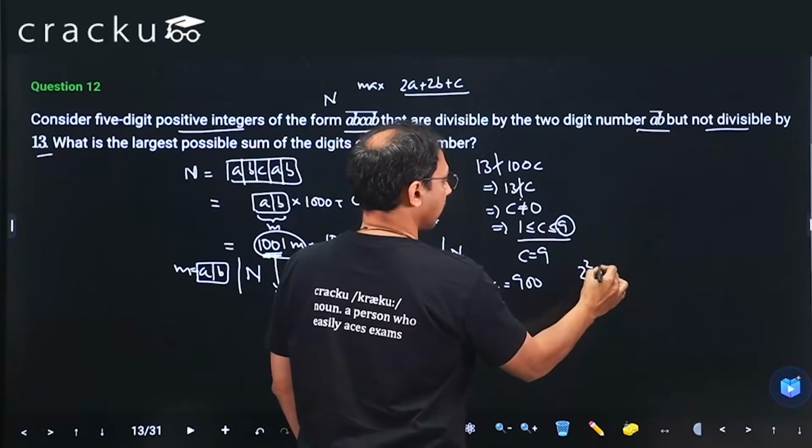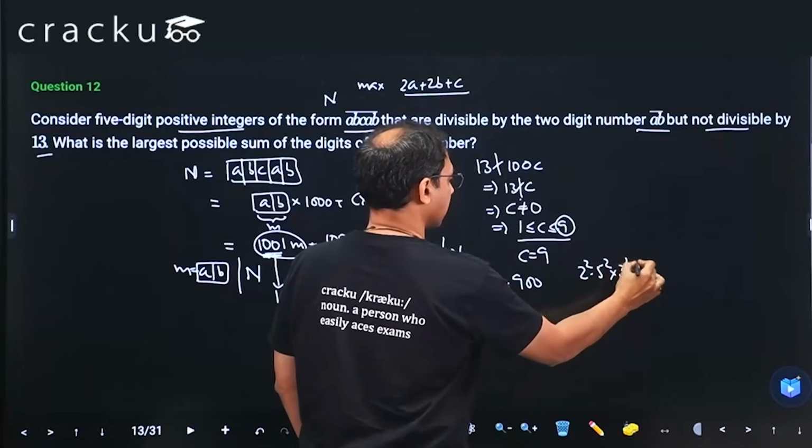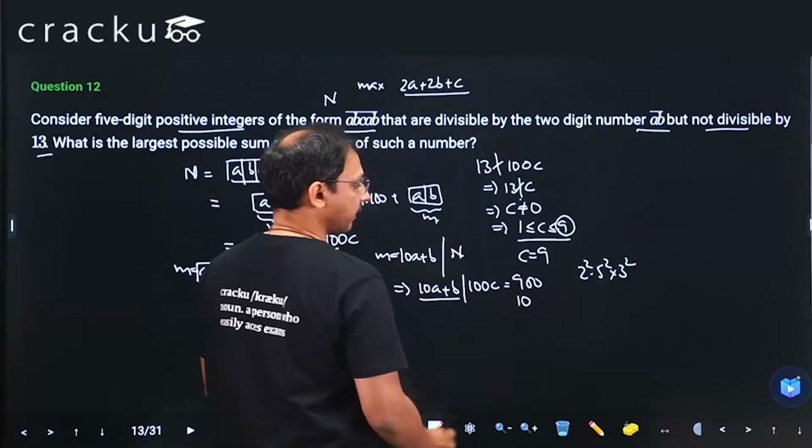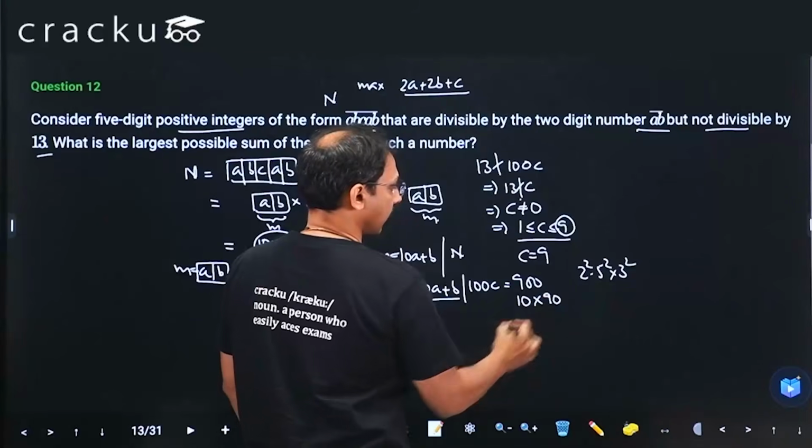900 is 100 into 9. Let's look at the 2-digit factors. The smallest 2-digit factor is 10, 10 into 90.